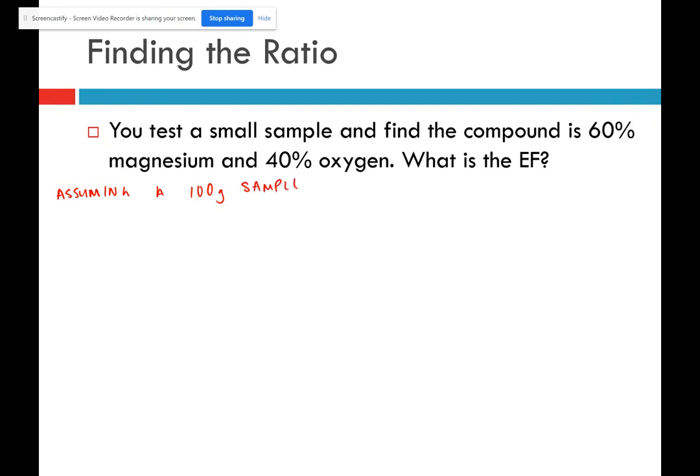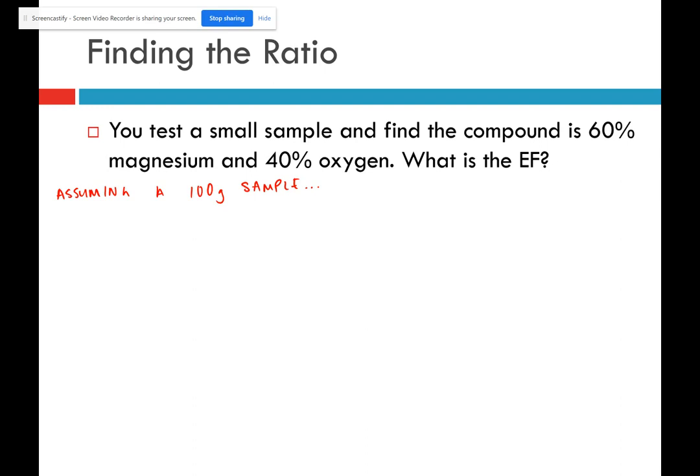Now, you could assume a 25-gram or a 15-gram or a 1,000-gram sample, but because we're given these percent compositions in percents, it's easiest just to keep it as a 100-gram sample because we know 60% of 100 is 60, okay? 40% of 100 is 40.